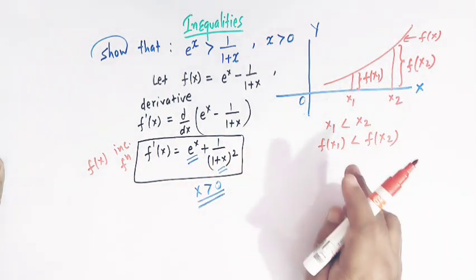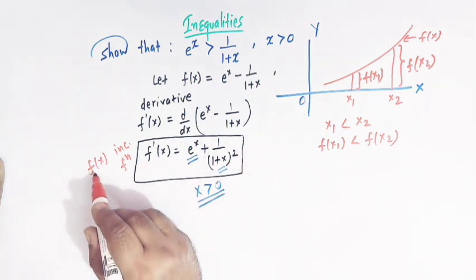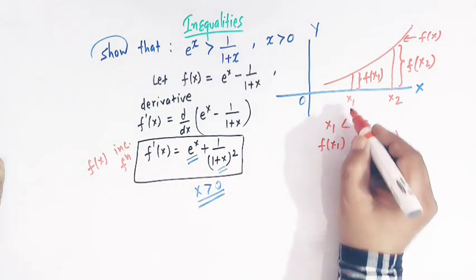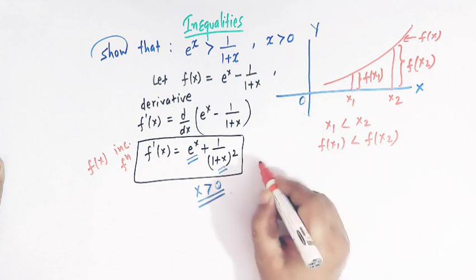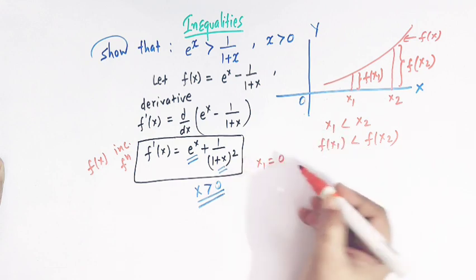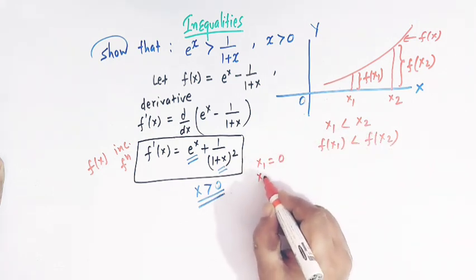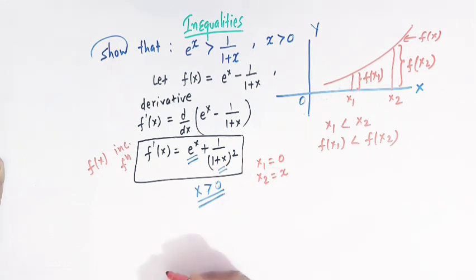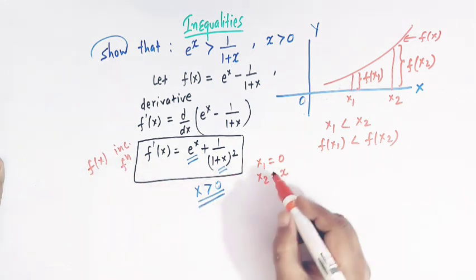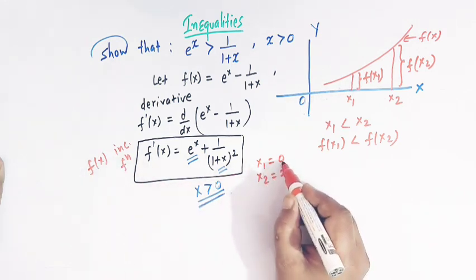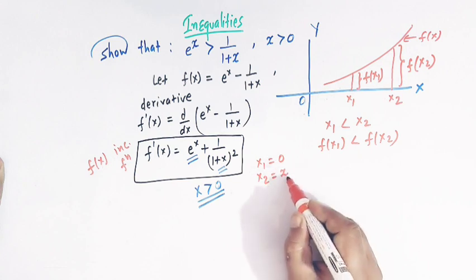So now let us come to our function f of x. Here we take x1 equal to 0 and x2 equal to x. So for this function, we'll take the first point as 0 and the second point as x.